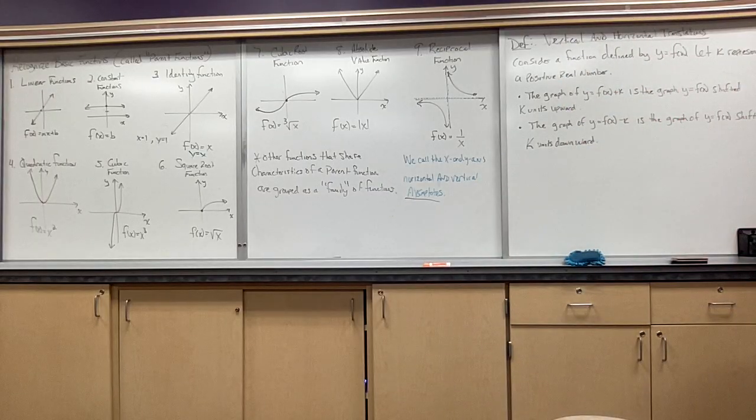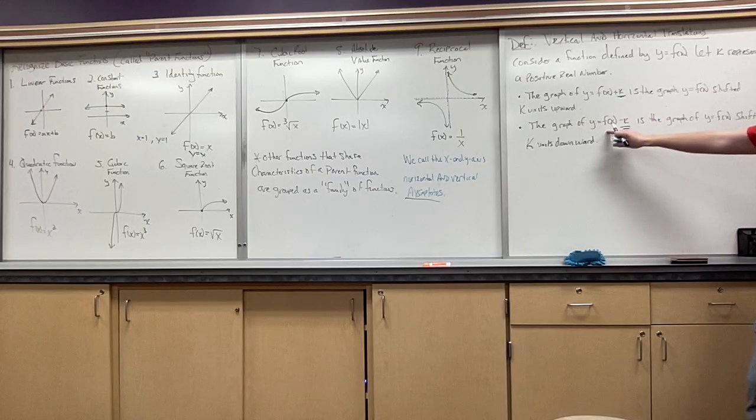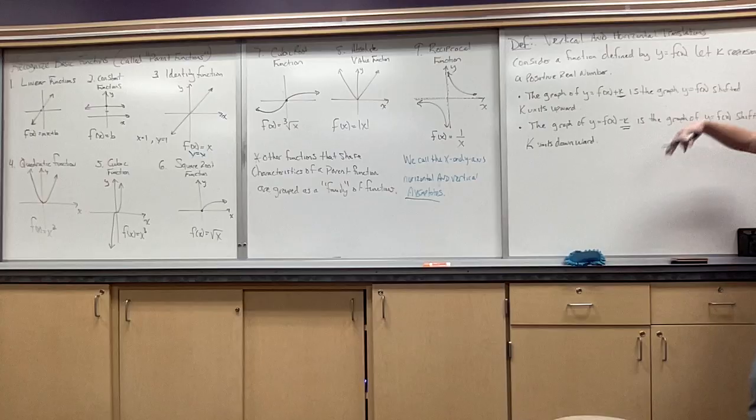Last year I said, like, you're shifting the function, and that's fine too, but just know that translation and shift is being used in the same fashion, okay? Now, for it to be a vertical translation, the value has to be outside the function. That's what we're showing here in the definition, okay? So it's the function plus a number, the function minus a number. That's what's causing the vertical shift to occur, okay?